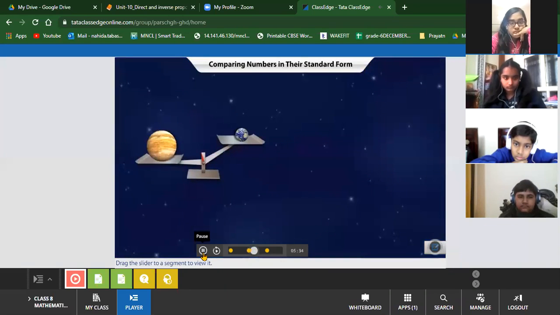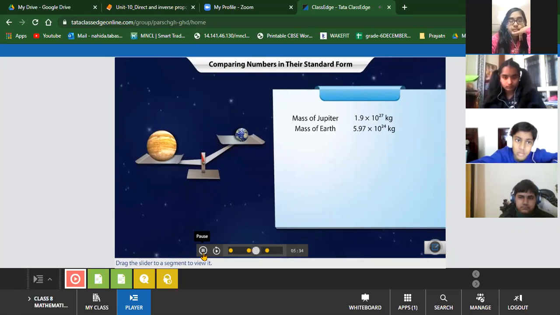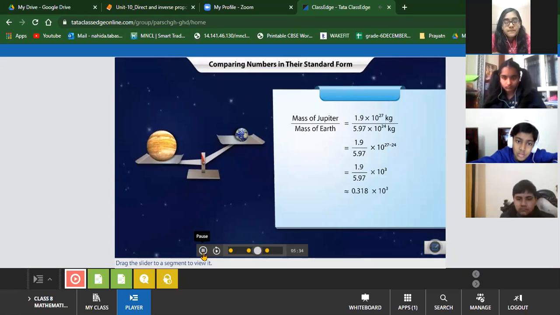How can we find out how many times greater the mass of Jupiter is in comparison to the mass of the Earth? To find out how much heavier Jupiter is compared to the Earth, all we need to do is divide the mass of Jupiter by the mass of the Earth. Simplifying the equation using the laws of exponents, we get a value of approximately 318.